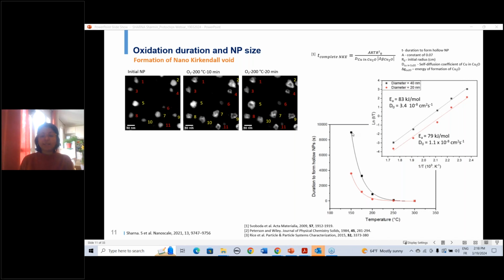And as expected, of course, the hollow particle will take longer to form at a lower temperature compared to that of higher temperature.